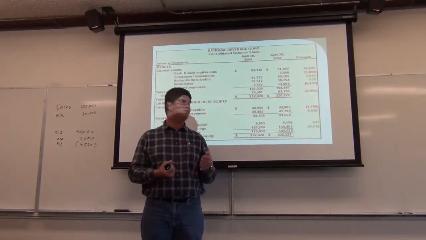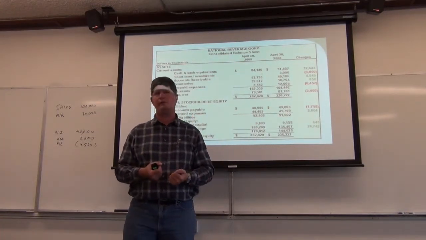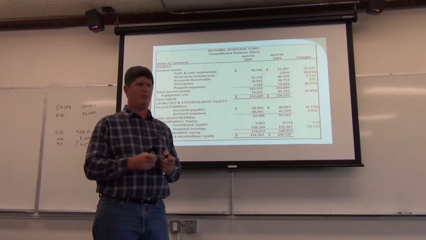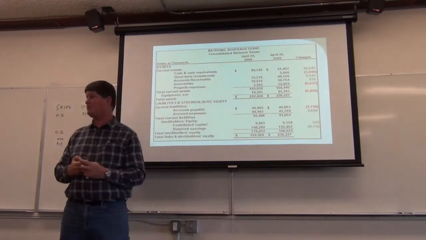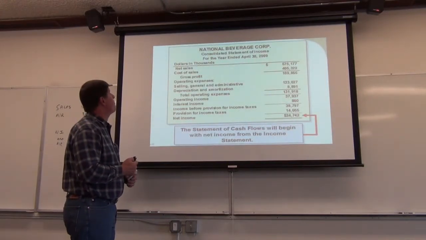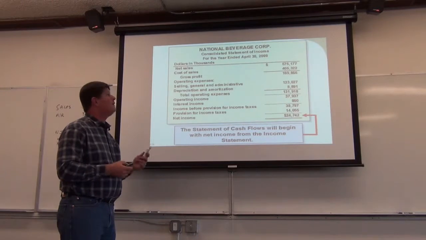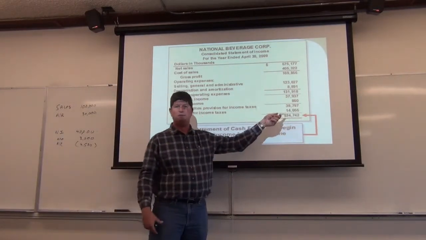So did I pay it? Did I not pay it? That's what you're looking for. Other questions? Yes? Okay. So, simple income statement, you start with net income from the bottom line.